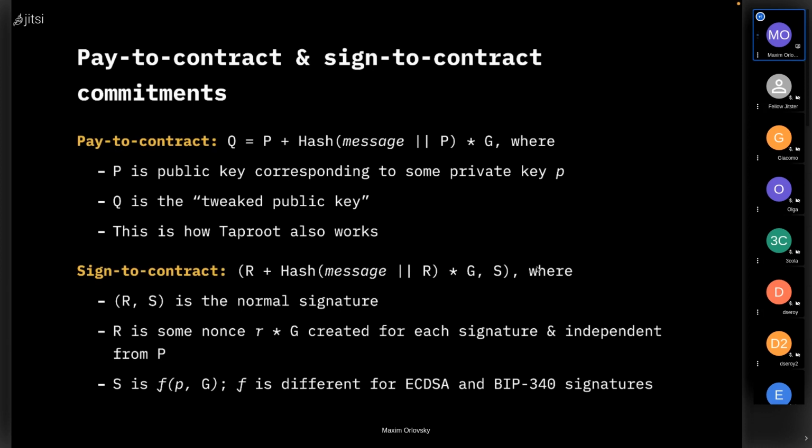And sign-to-contract is a more advanced form of a commitment where we commit in the signature, which can be put to the SIG script or to the witness field of the input. And we do not modify the public key with which we are signing. We modify the nonce of the signature, and this nonce is actually specific for the signature.